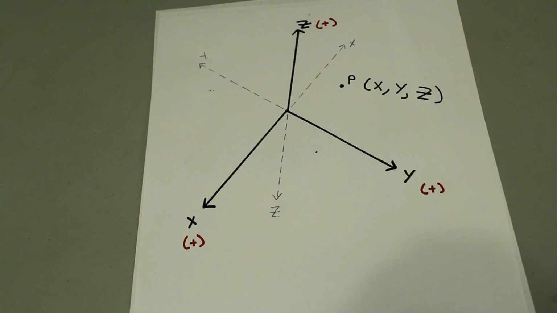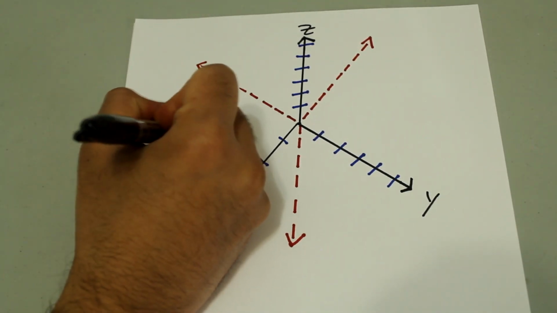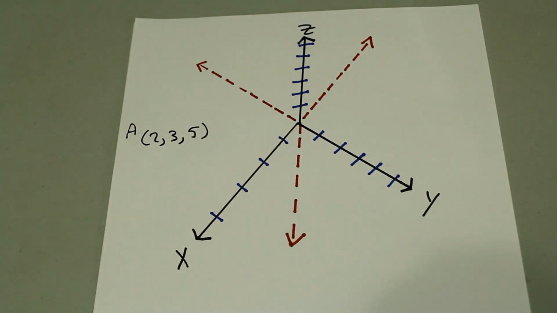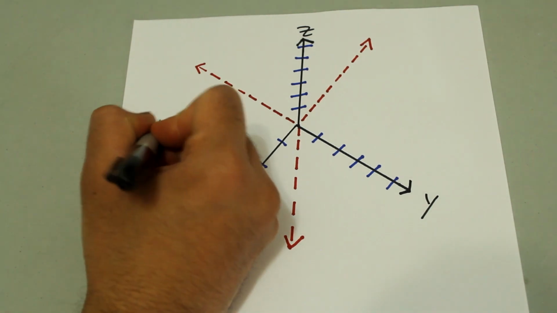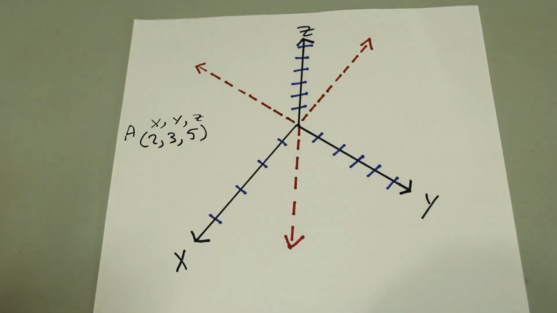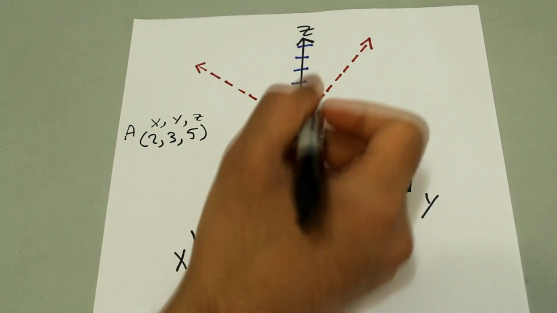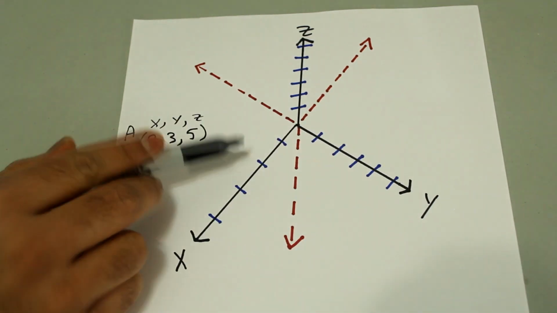Now we know how to use 3D coordinate systems and we know how to label octants, so let's actually plot some points. Let's say we want to plot the point (2, 3, 5), and we'll call this point A. How do we do that? As we mentioned, the first coordinate is the x, the second one is the y, and the third one is the z. The first coordinate is positive 2, so we come out 2 in the positive x direction, so 1, 2.